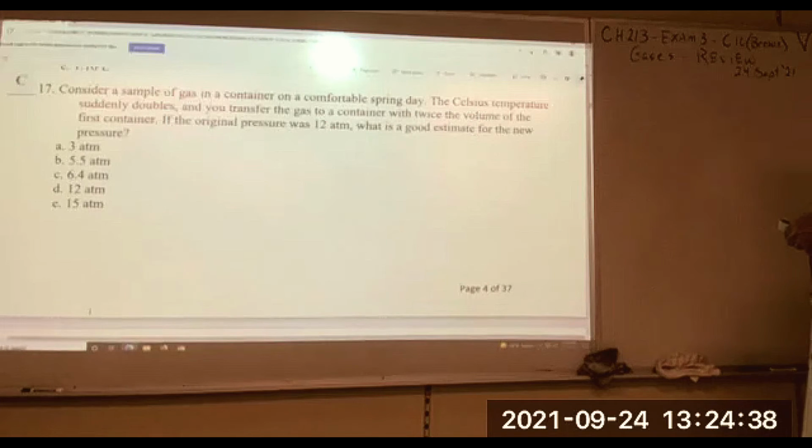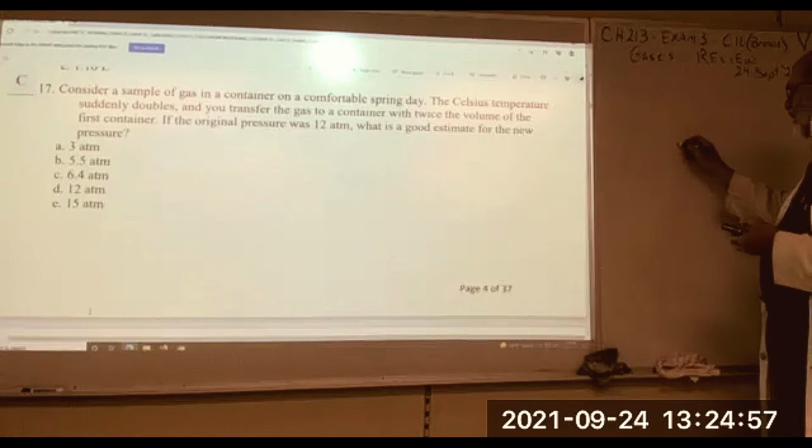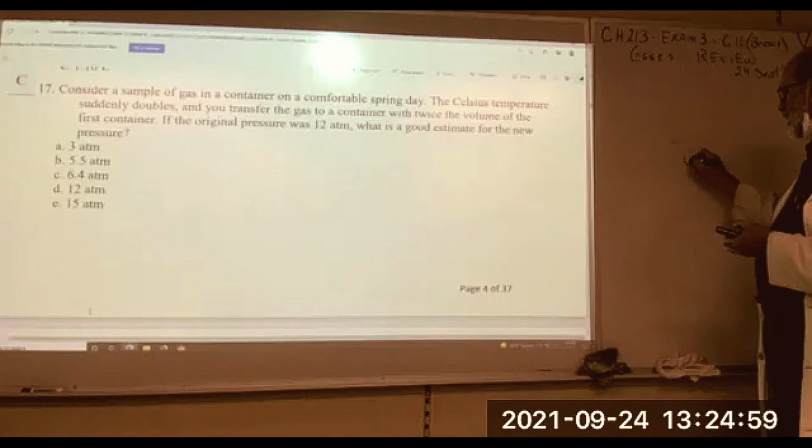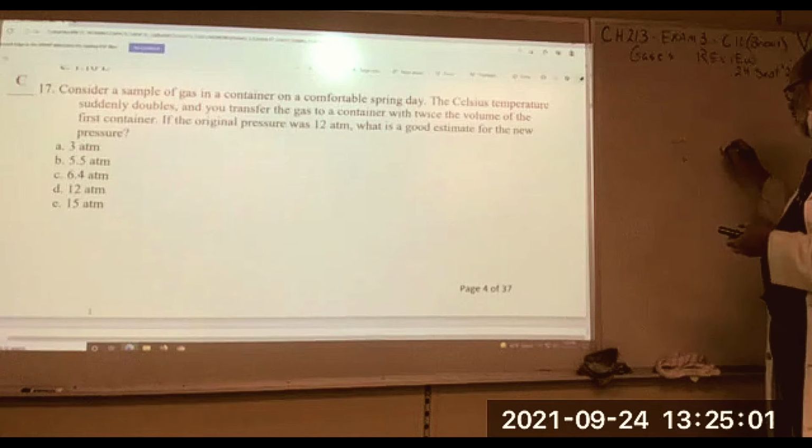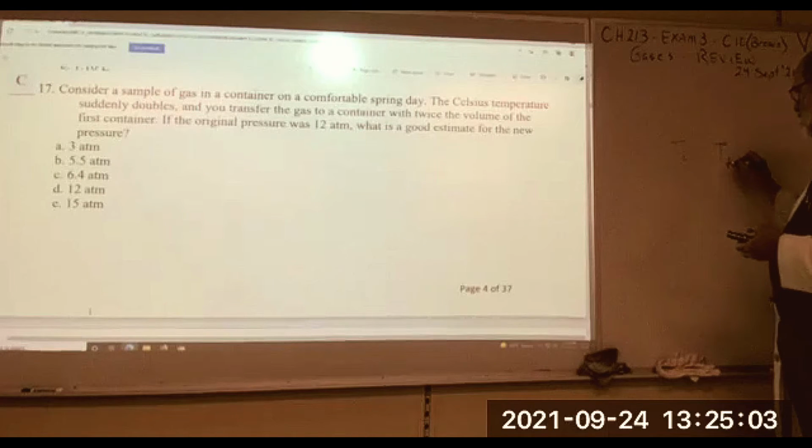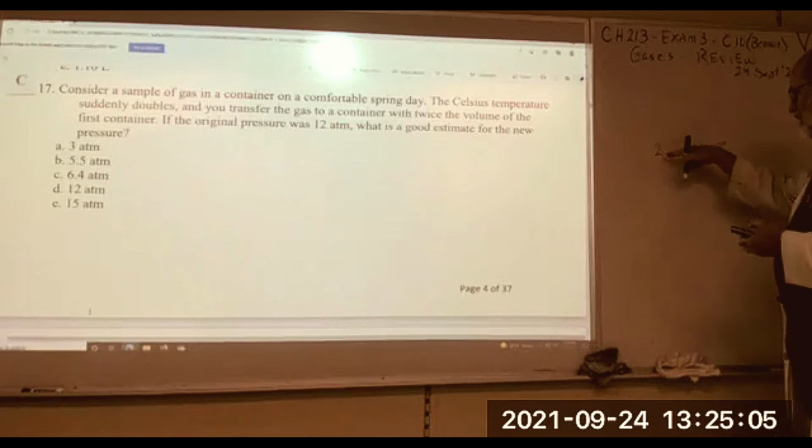Let's see. This is a good logic problem. Suppose you have a sample of gas in a container, and the Celsius temperature doubles. So you have one temperature here, initial, and then the final temperature is double that one.